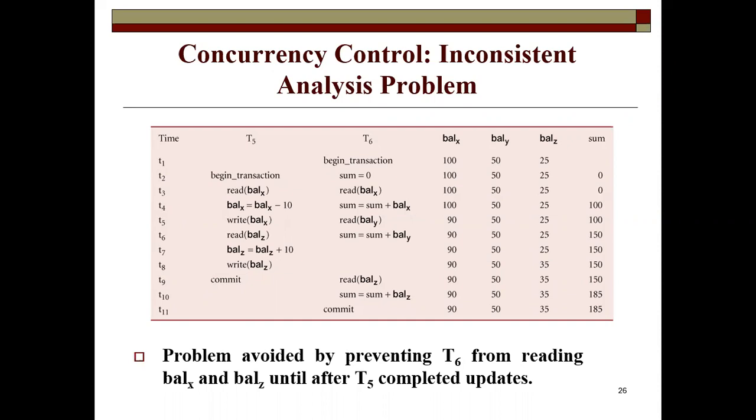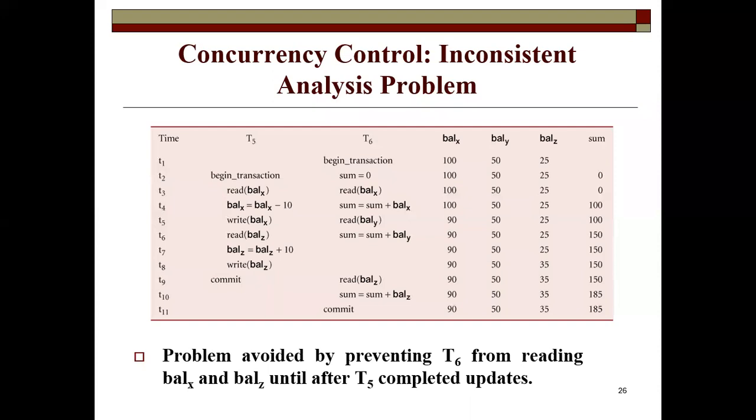So we have written the command to add the 10 on balance Z, but haven't pressed the enter key such that it is added. Now, when you press the enter key, that's at time T8, you write the balance of Z. And when you view the balance, Z has moved from 25 to 35.